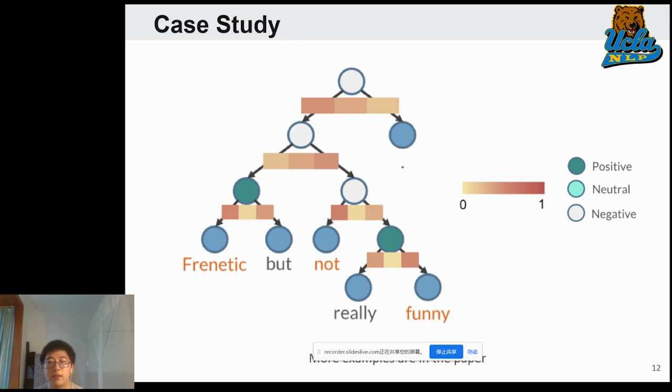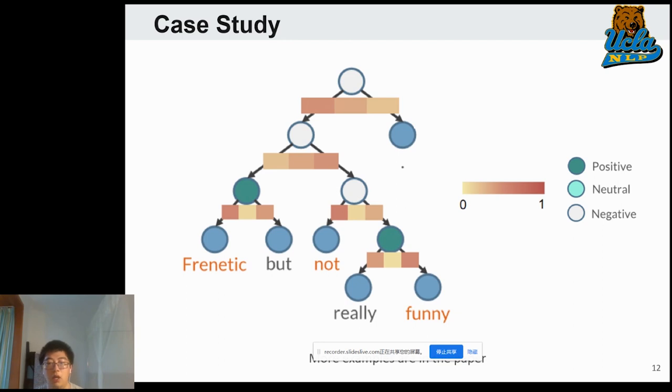Then we showcase one example in the paper to demonstrate how SentiBERT performs the sentiment semantic composition. Here, we show the sentiment assignment and the attention weights used to derive the phrase representation.